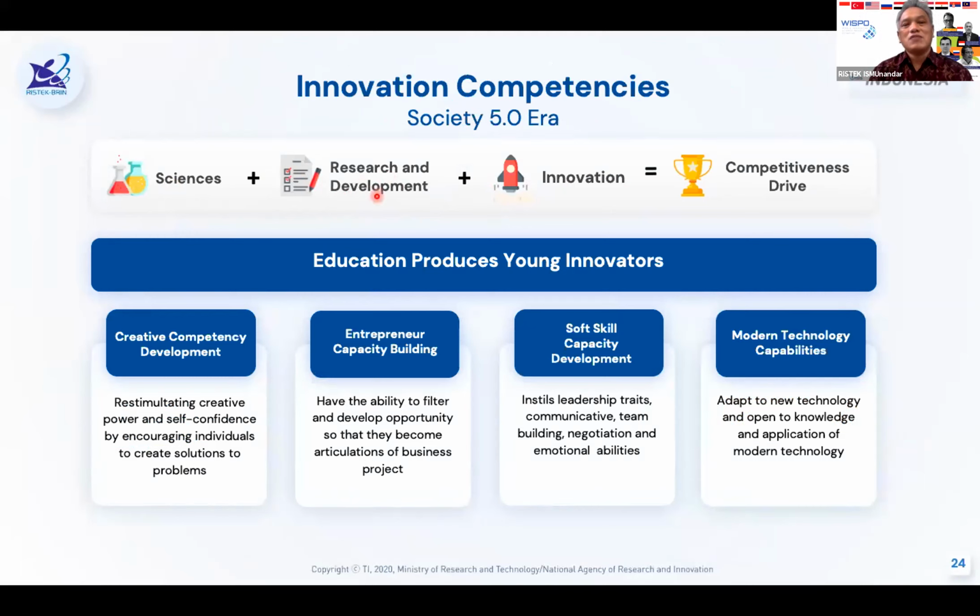From the research and development, with the passion or with the aim to solve the problems in society, you can have a competitive drive, and also you will become young innovators, and this is very important for Indonesia and for the world, as I mentioned in the first part of my talk, that we are facing so many challenges in the world.